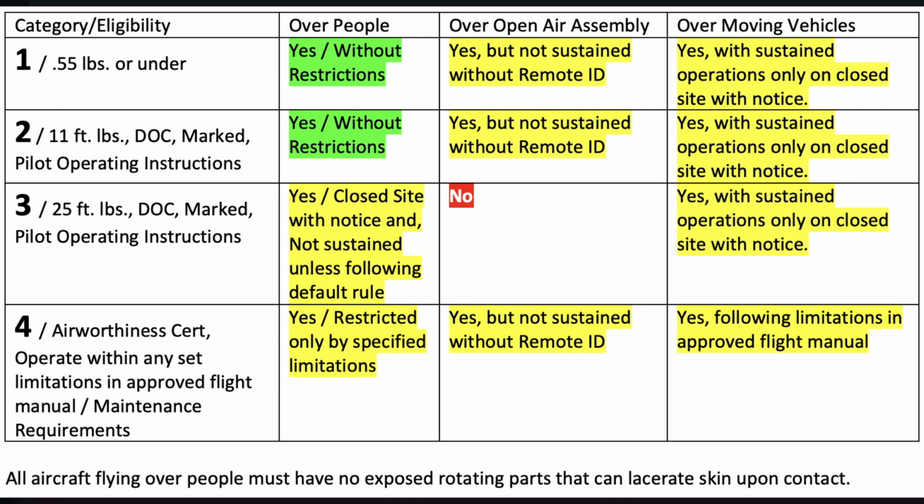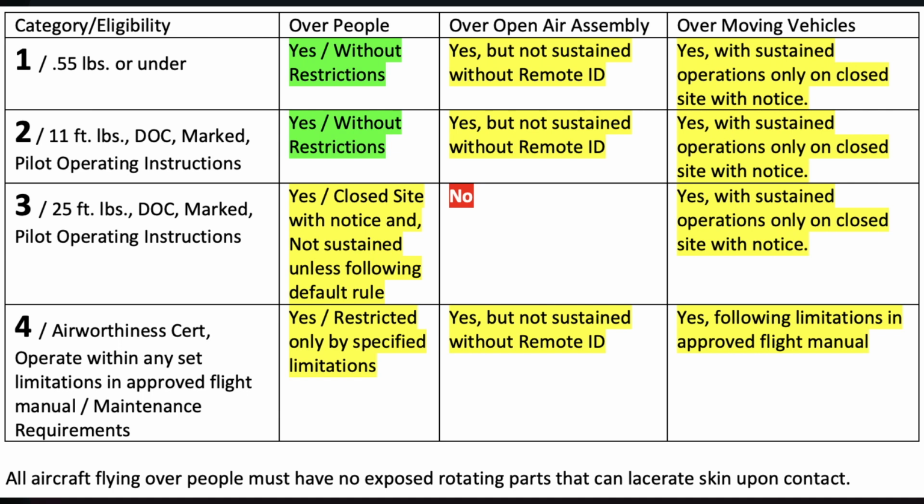So yes, you can fly over people with that aircraft, and then it's restricted only by the limitations in the manual. Yes, you can fly over open air assemblies, but not sustained without remote ID.